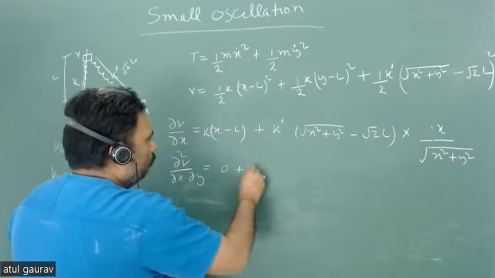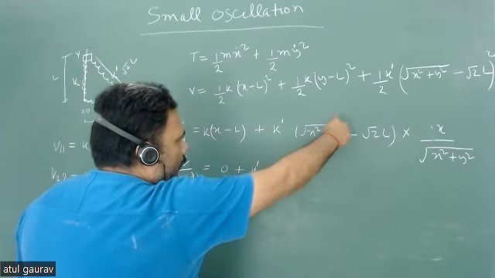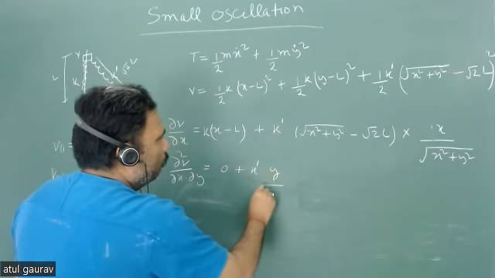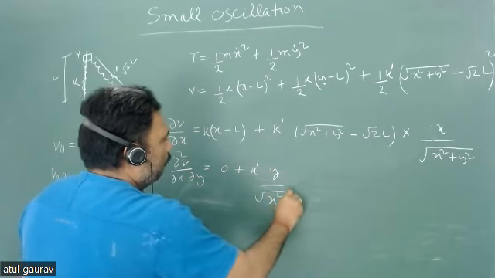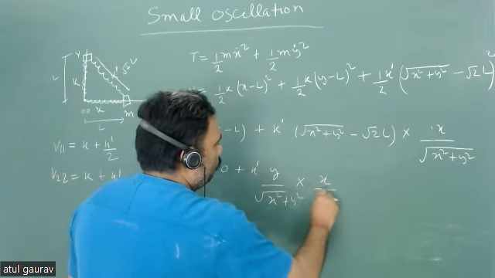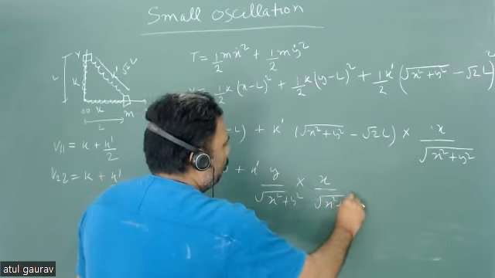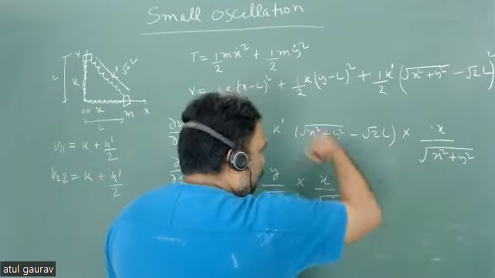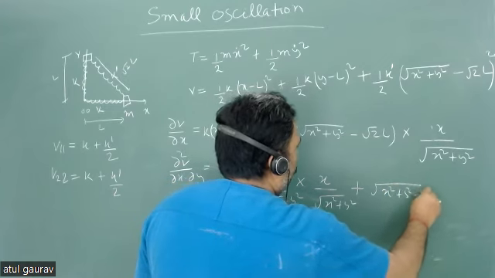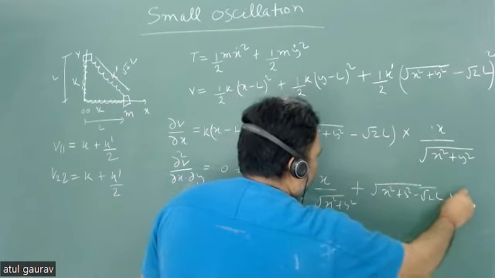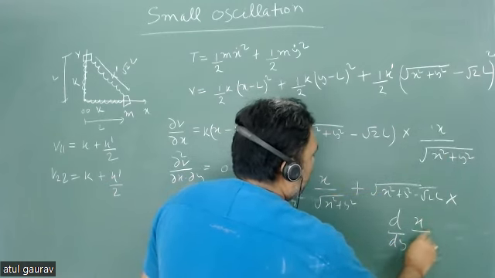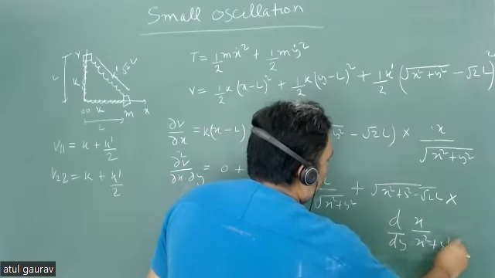This term is 0. You have k dash, and when you are going to differentiate this one, that means this will be y root under x square plus y square into x root under x square plus y square plus this term, then this term will remain same, minus root 2l into, you have to differentiate d upon dy now, x upon x square plus y square.